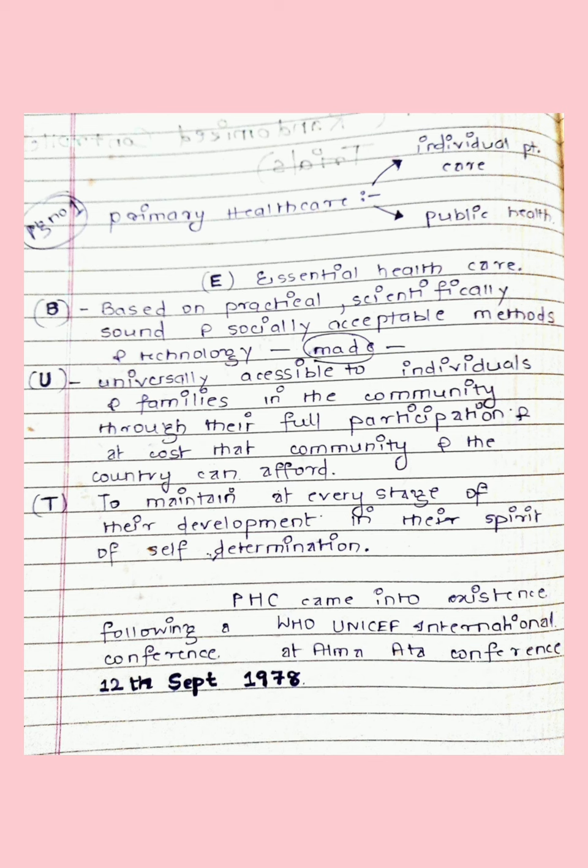You have to write everything without missing anything. So you can split the definition into parts and then make mnemonics for that. Here I have made one, EBUT, and we divide this definition into 4 sections. It's a big definition, difficult to memorize, so that is why.